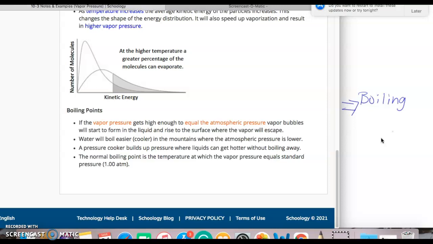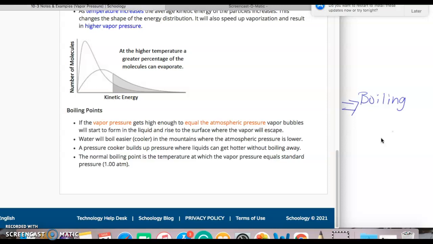It would actually take longer because we are lower in altitude, so it takes longer for our vapor pressure to build up to equal that atmospheric pressure. I believe the boiling point there is somewhere around 142 degrees Celsius, in the 140 degrees Celsius range.